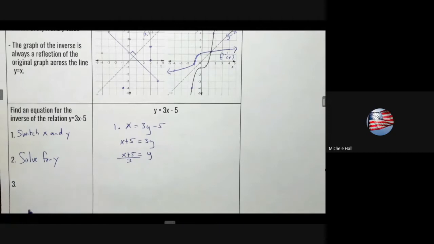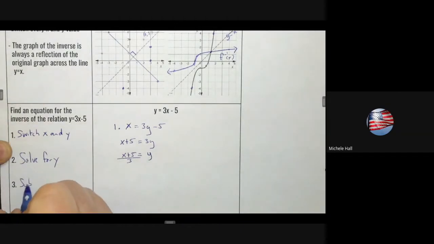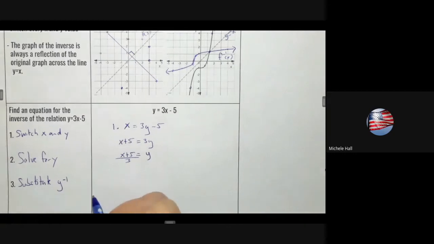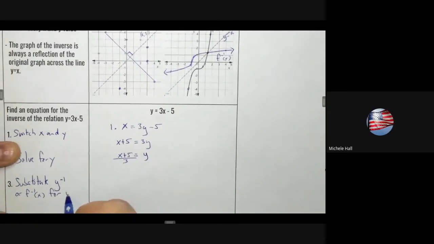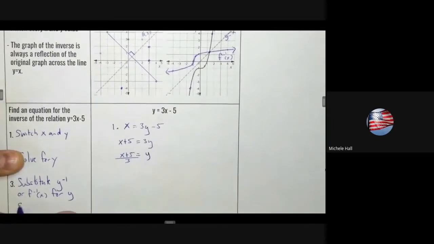The last step would be to substitute y inverse or f inverse of x for y or for f of x.